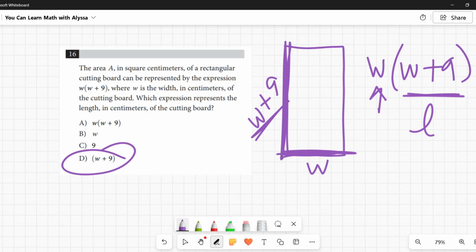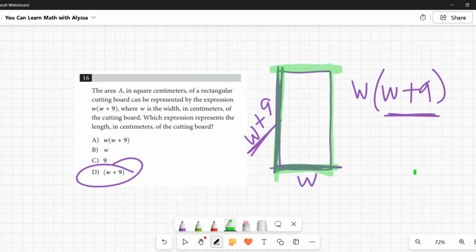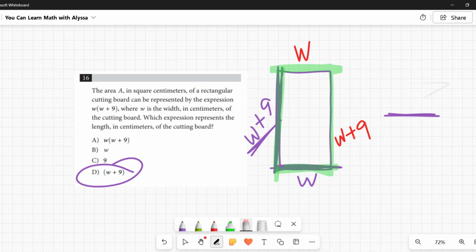Variations of this problem include what is the perimeter of the cutting board. That one's pretty common. If you get one that asks that after you figured out what the length and the width is, you would add all these sides together, and you would know, since opposite sides of a rectangle are congruent, that this side would also be W and this side would also be W plus 9.